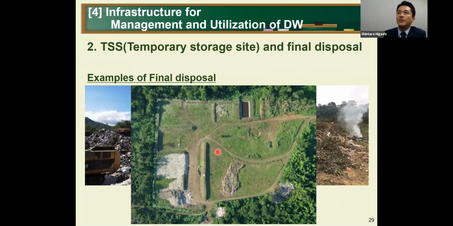At first, some disaster waste is transferred to this temporary storage site, and they try to segregate, and the sorted soil will be utilized as cover material of final disposal site. That is one idea that we should prepare TSS besides final disposal site. So I think there is some countermeasure, but we should share such kind of experience in Asia and Pacific.